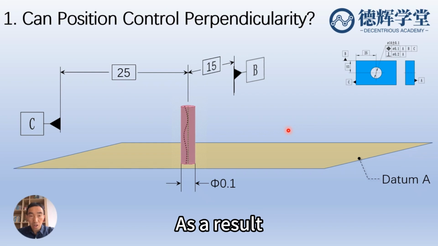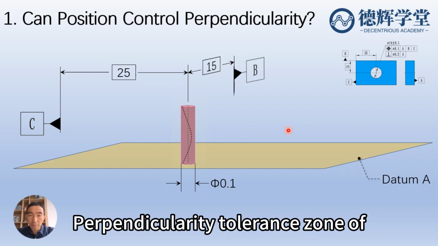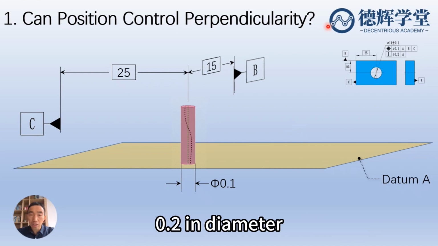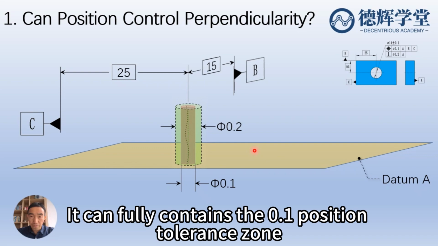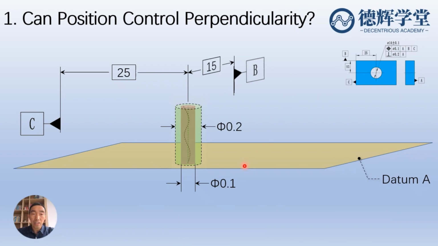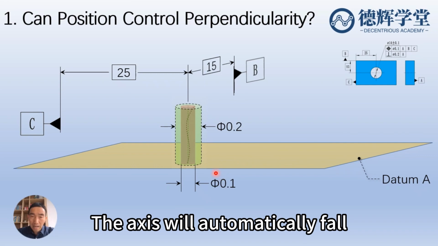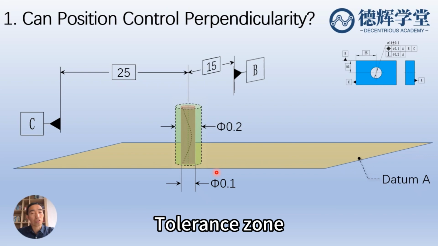As a result, we can always position this perpendicularity tolerance zone of 0.2 in diameter so it can fully contain the 0.1 position tolerance zone. Therefore, if the position tolerance zone is satisfied, the axis will automatically fall within the perpendicularity tolerance zone.